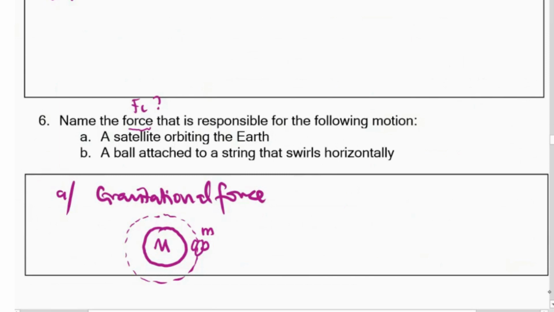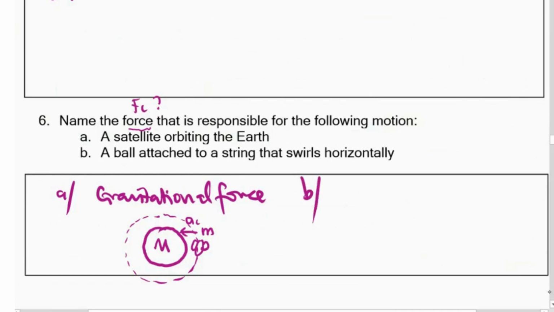In this case, the satellite goes in a circle, so AC is towards the center of the Earth, and only gravitational force acts on the satellite. The weight has no effect at all because it is in space, so it's weightless. Therefore, only gravitational force is parallel with the centripetal acceleration.